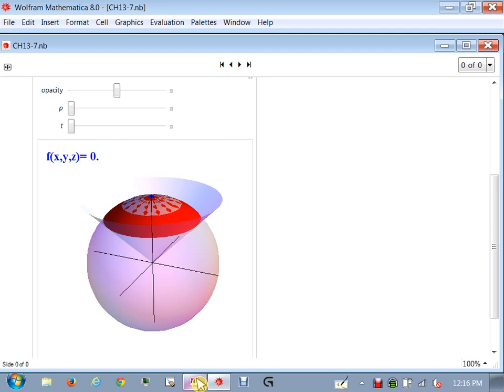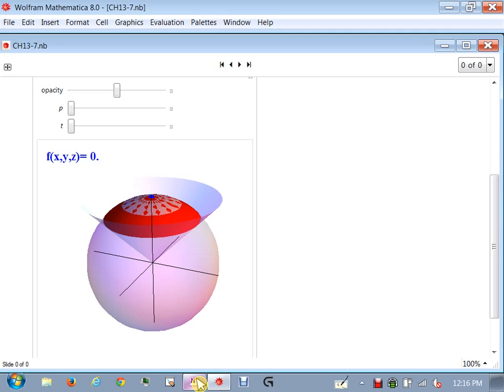Right? Now, the fact that the red cap is a part of the sphere makes you think you should probably use the vector function that we used before to draw that, right? But you can't just let U and V be what they were before, right? So somebody tell me how I can draw that red cap. Remember, my phi, well, not phi for us. What were we using instead of phi? Was it U?